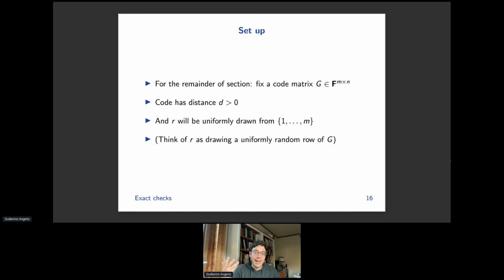Because we can think of R as choosing a specific row of the code matrix G. Similarly, if we encode a message X via G, we get G times X, and then we're going to be drawing the rth symbol of that encoding. So R is a uniformly drawn number, G times X is an encoded message, and we're going to be drawing the rth index of that encoding.